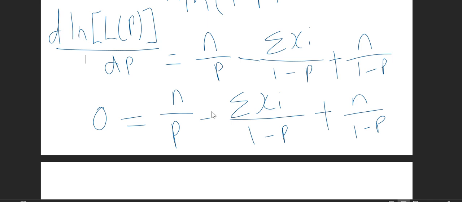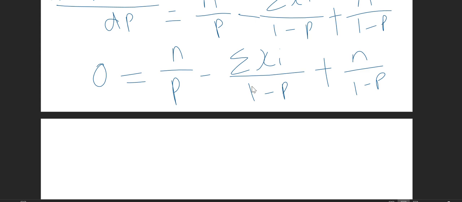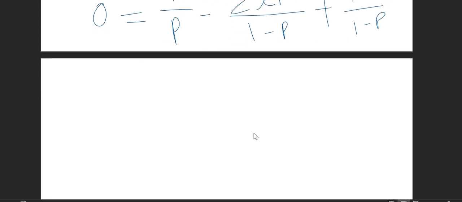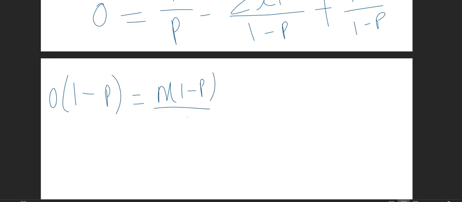Now we need to solve for p. For us to solve for p, we are firstly going to multiply the whole equation by 1 minus p. So 0 times (1 minus p) equals n(1 minus p) divided by p minus the sum of xi's times (1 minus p) divided by 1 minus p.